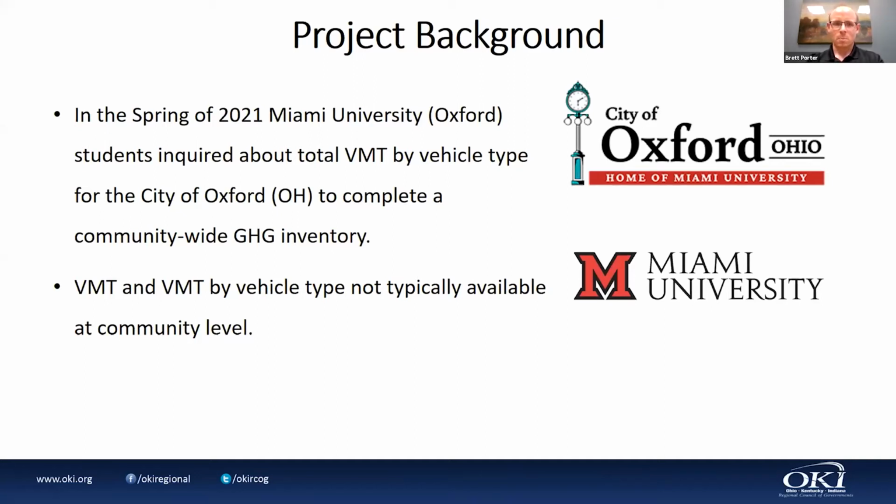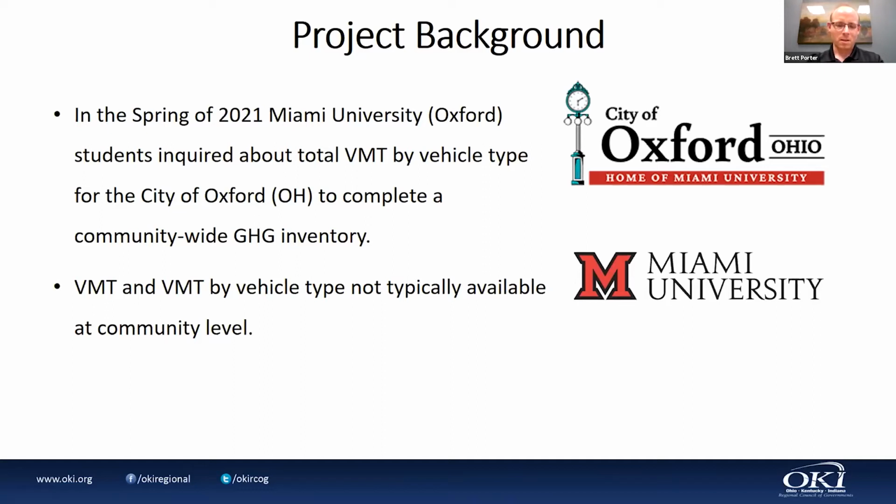And so I started racking my brain trying to think of ways to calculate VMT for the city of Oxford without having to proportion it out, using either population or vehicles or length of roadways within the city of Oxford compared to the whole county of Butler.